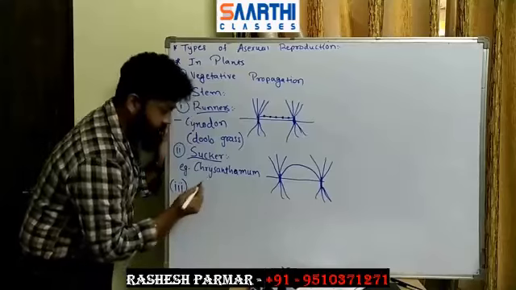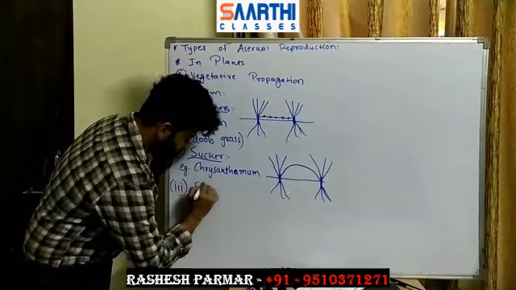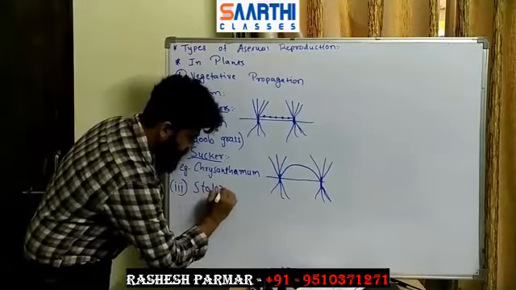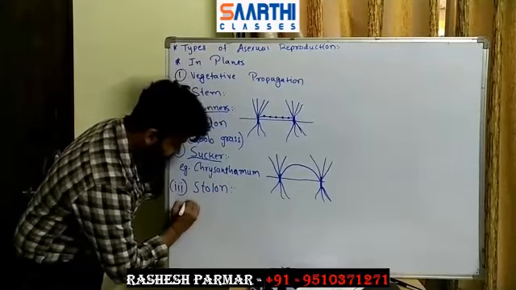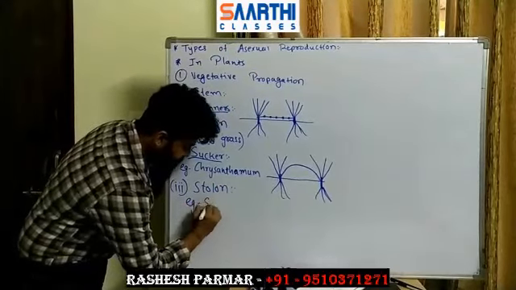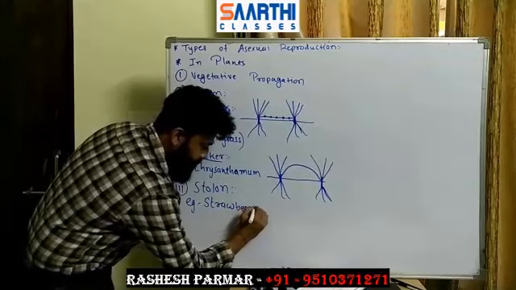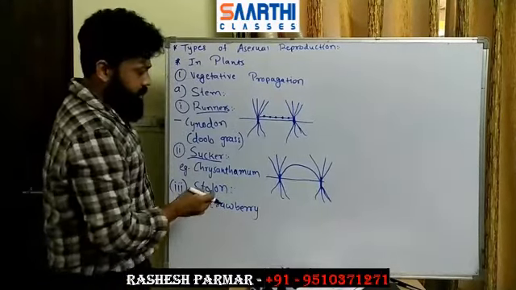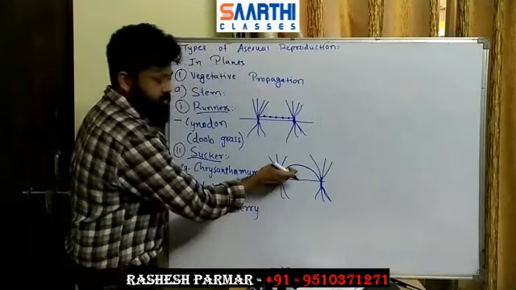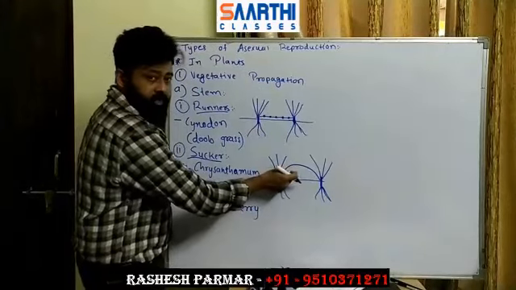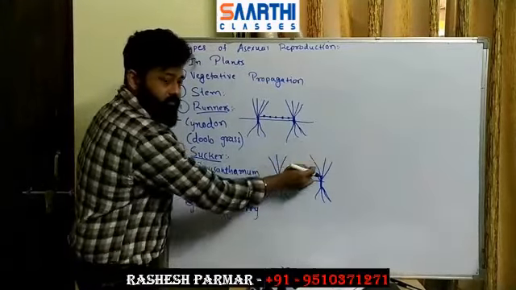Third type is stolon. Example of stolon is strawberry. As we have discussed, suckers will create an arc over the surface.